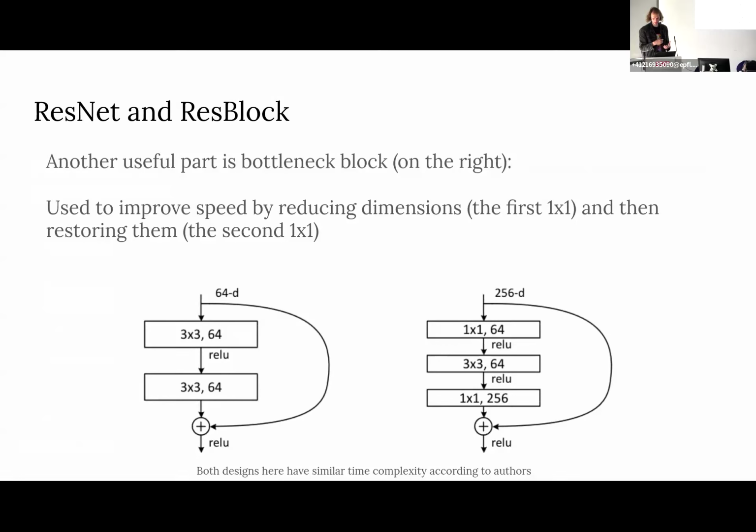So what they suggest is, we do not want to calculate anything in 256 dimensionality. Let's reduce the dimensions, do calculations inside this reduced dimension, and then go back to our original 256 dimension. So this has the same quality, but is much faster to do and saves you memory and time.